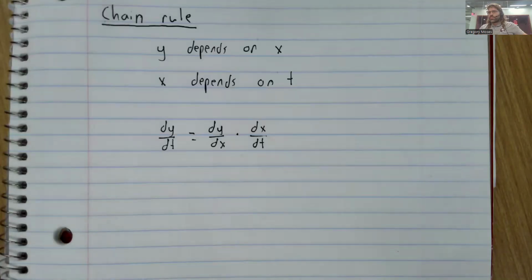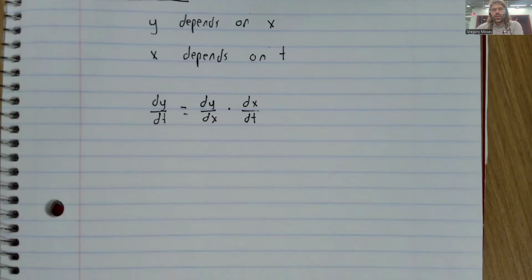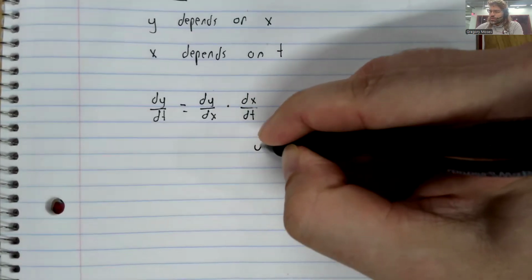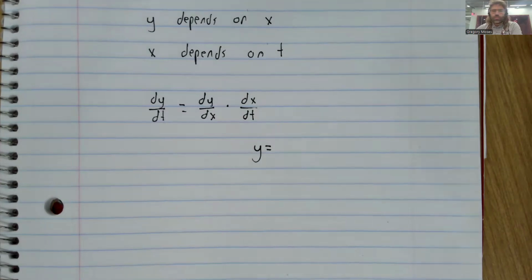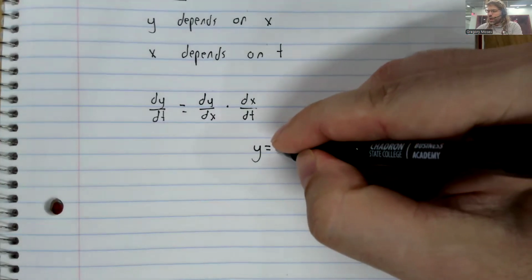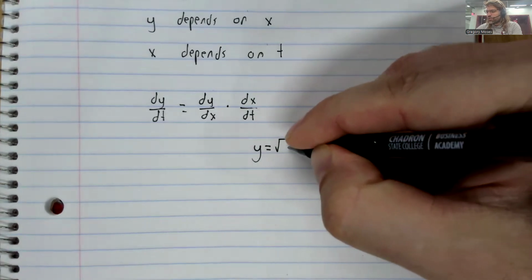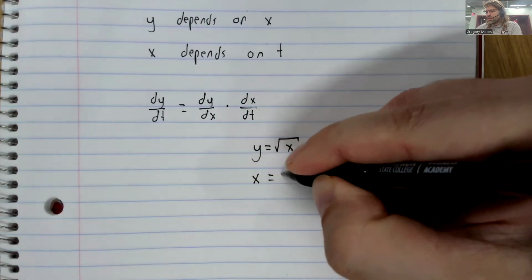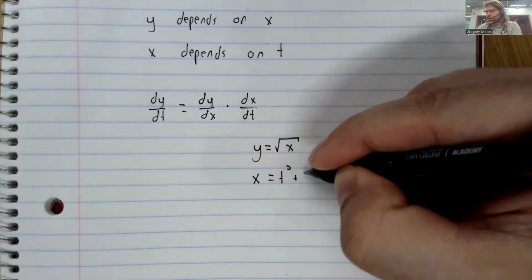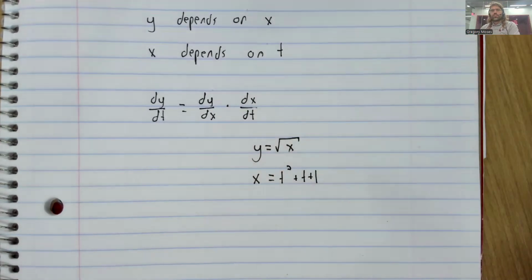And I'd like to come back to this problem, but before I do, let me just do a quick first example. Say that y equals the square root of x and x equals t squared plus t plus 1.